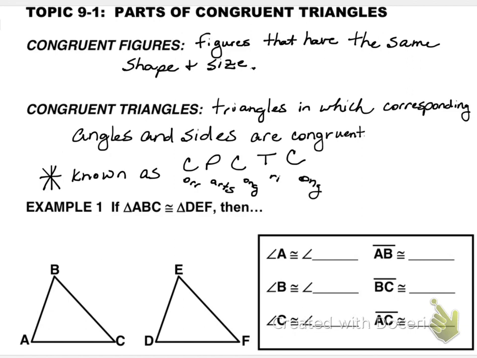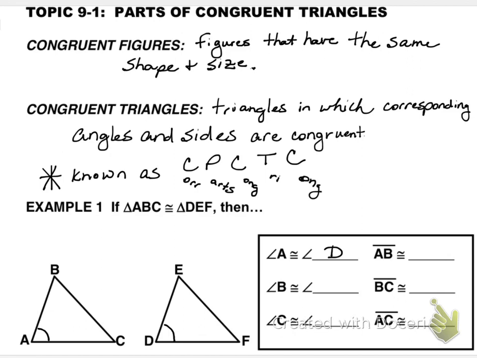Okay, so if triangle ABC is congruent to triangle DEF, that means angle A is congruent to angle D. Those are the corresponding angles.